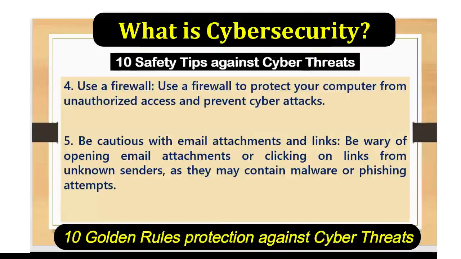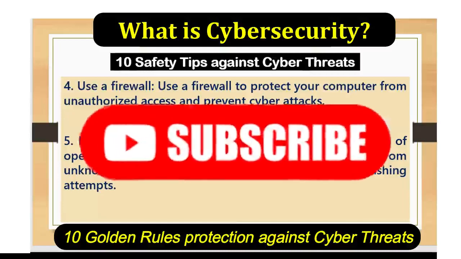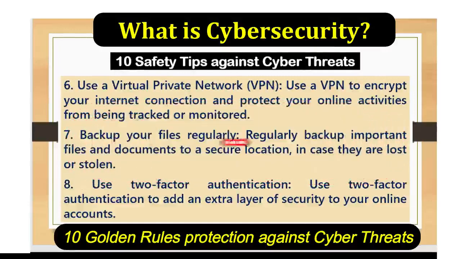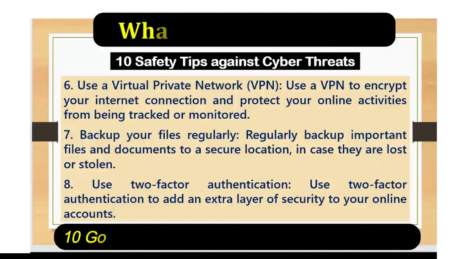Be wary of opening email attachments or clicking on links from unknown senders, as they may contain malware or phishing attempts. Number six, use a Virtual Private Network VPN. Use a VPN to encrypt your internet connection and protect your online activities from being tracked or monitored.